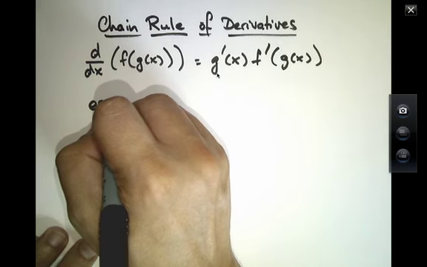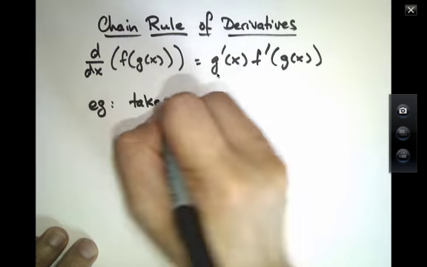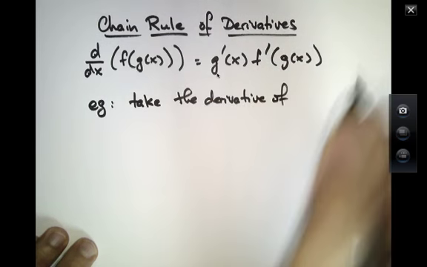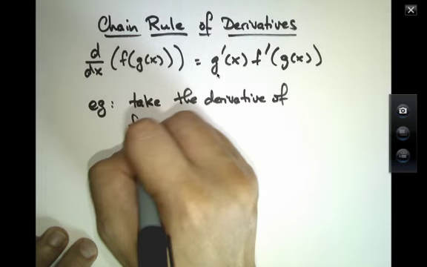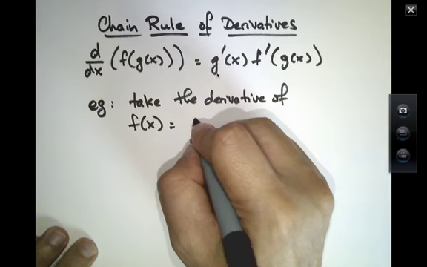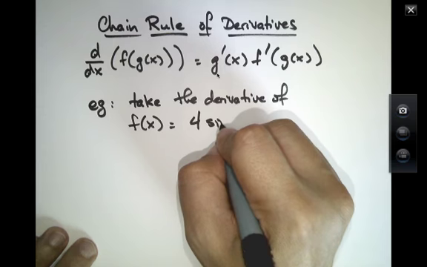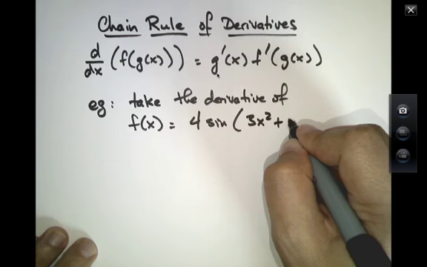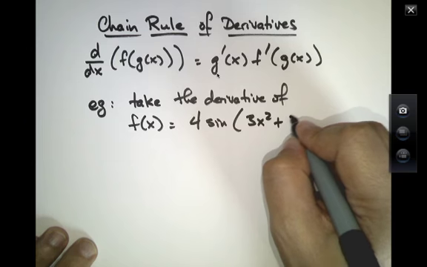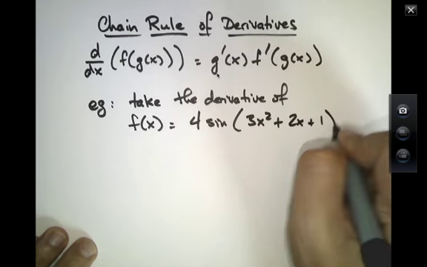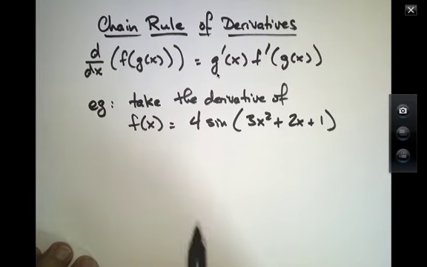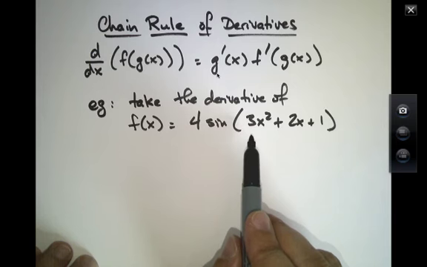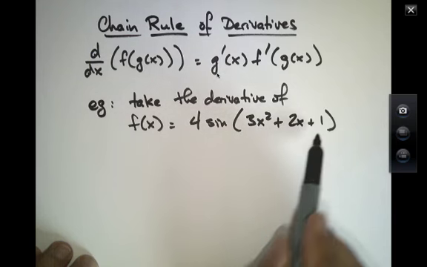So for example, suppose that f of x was 4 times the sine of, and instead of just x inside the argument of the sine, it's 3x squared plus 2x plus 1.